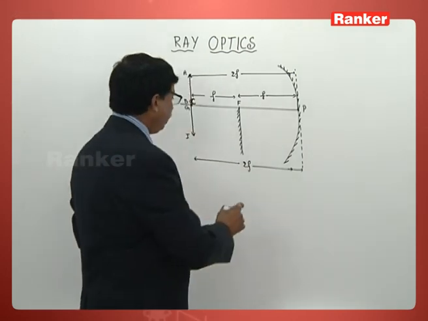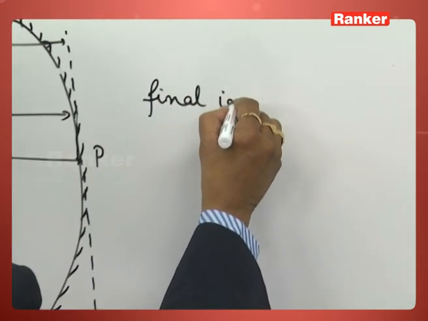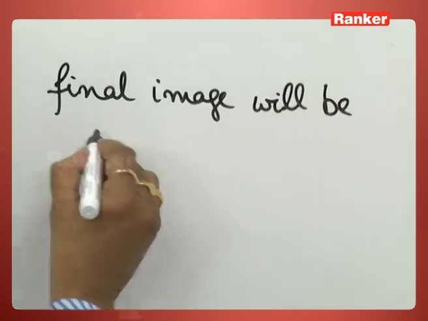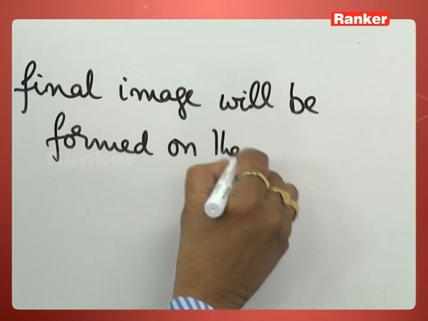So what we can understand in this case is that the final image will be formed on the concave mirror.